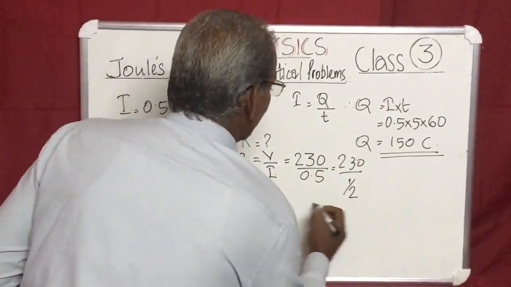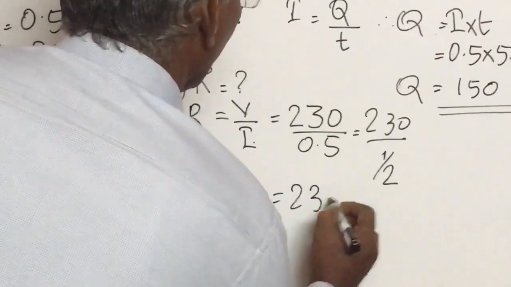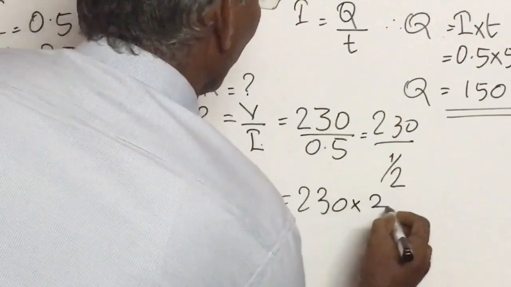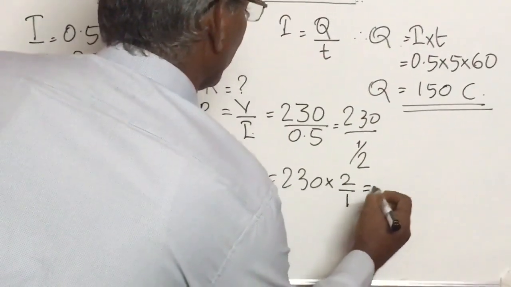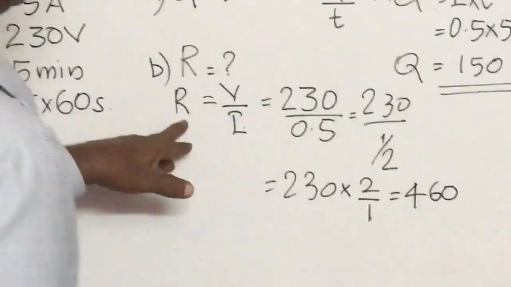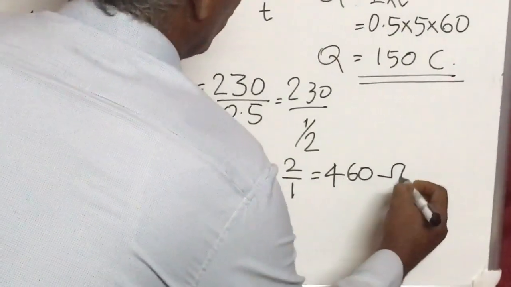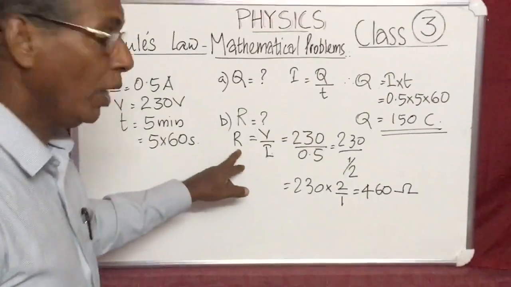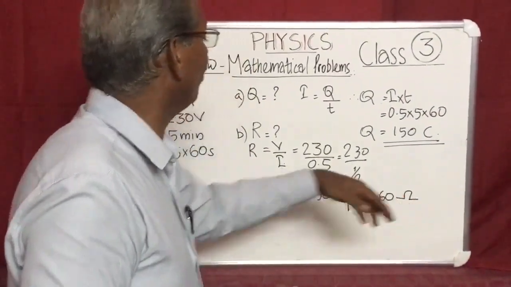So 230 into 2 by 1 is equal to 460, and as it is resistance, its unit is ohm, omega, and it is 460 ohm.